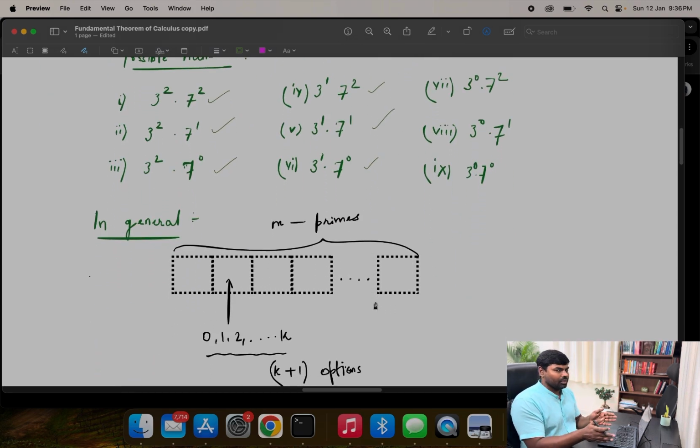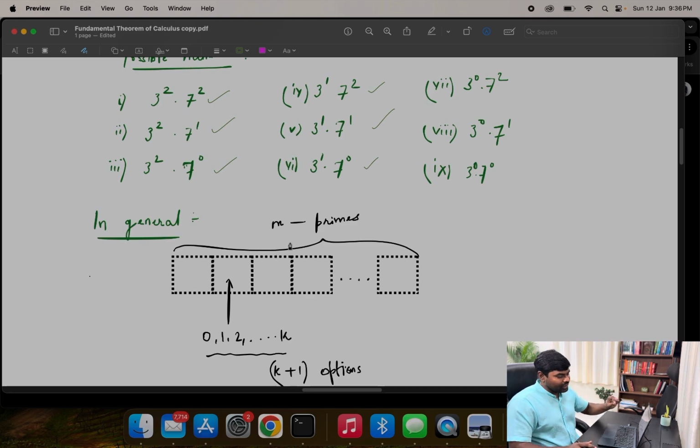Now, the thing is, if we generalize this, because we expect to give an answer in terms of k and m and not specific numbers, right? So you've got m boxes. Each box represents a prime number. Like we had 2 in the previous case. And within each box, you can put some certain number of balls, which will be the multiplicity, right? So let's just take the m prime numbers. So you've got m boxes.